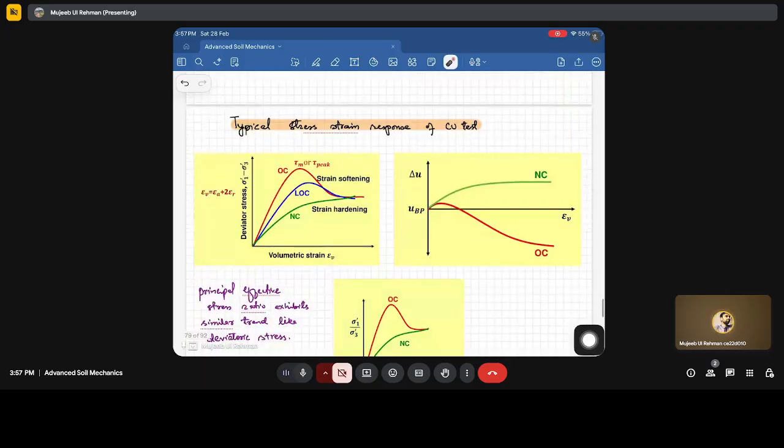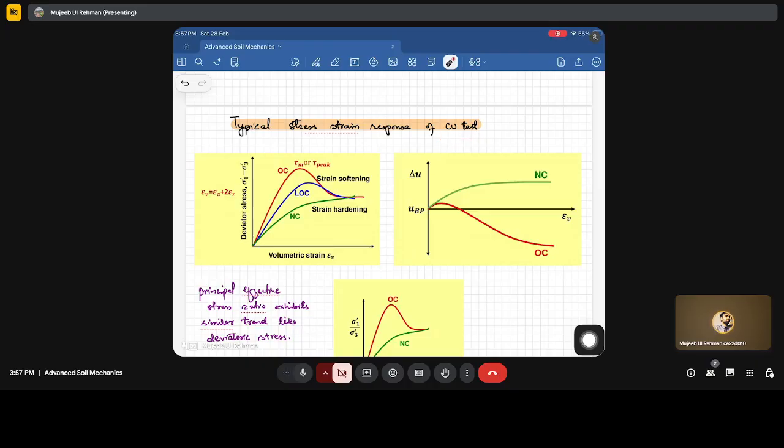Now this is the typical response of the CU test for soils. Last week also I showed this and it has been discussed. Normally consolidated soil shows strain hardening, and overconsolidated soil shows strain softening: it quickly achieves a peak, then strain softening due to dilation. This is the plot between deviatoric stress and strain. In the CU test, the volumetric response we are not able to capture because drainage is not allowed.